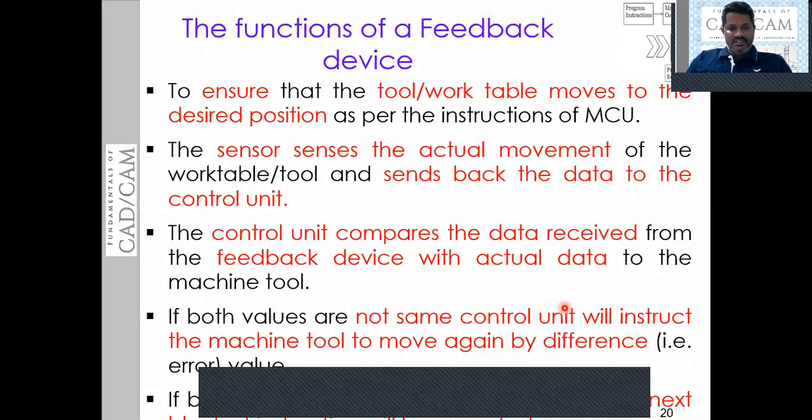If there is any deviation, it processes the data and sends the signal to the control unit. Then the control unit is going to adjust the error. Then the reprocessed signal will be sent to the machine control unit to adjust the movement of the tool and work table to the desired location. This is the function of the feedback device.